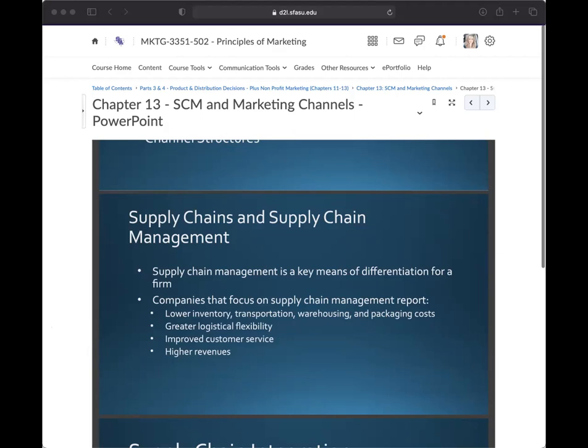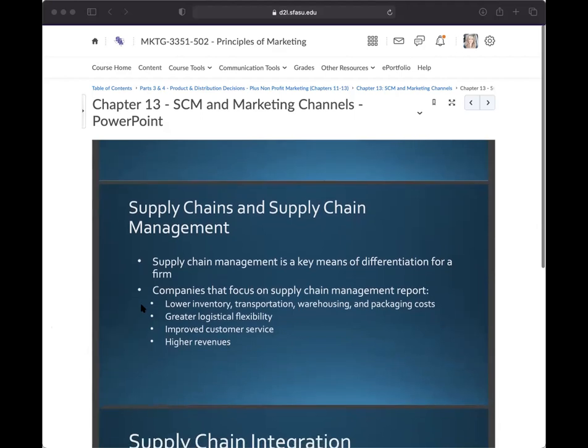It's all of these connected entities, both inside and outside of the firm, that supports logistics, how we get something from A to B. So, supply chain management is how we facilitate that. And it's important that companies understand this because this is a huge part of where they can cut costs and make sure that their services are not interrupted. And it's really, really important to the entire process.